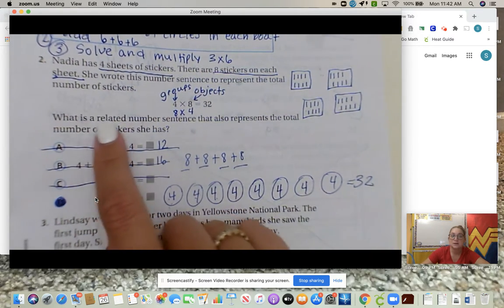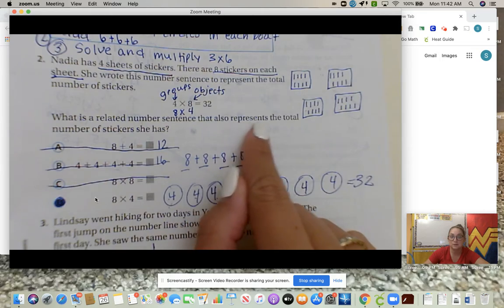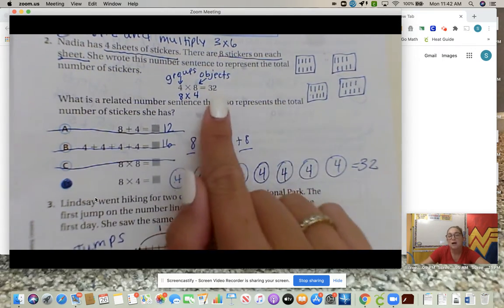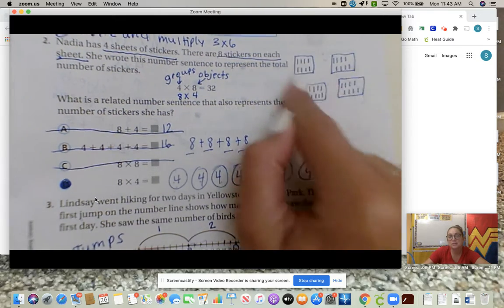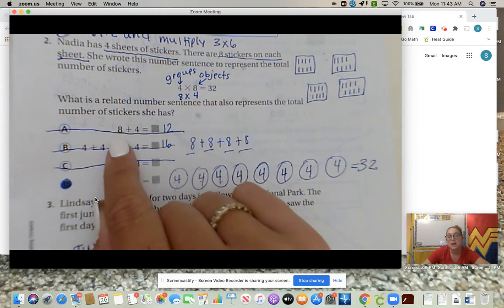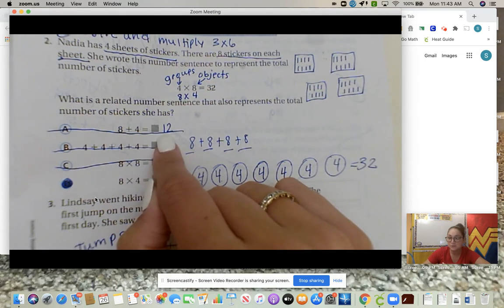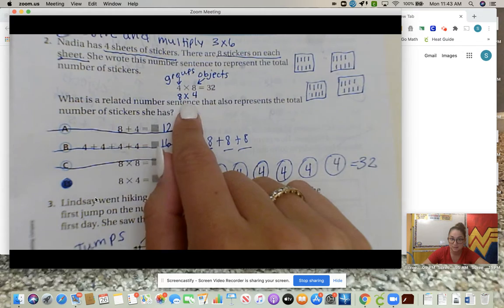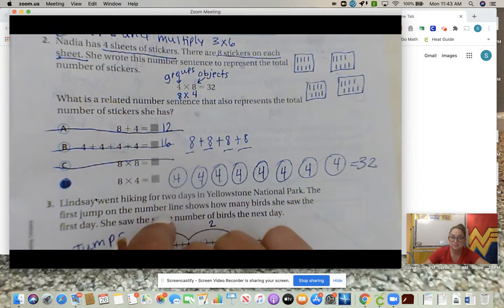So now it says, what is a related number sentence that also represents the total number of stickers she has? Well, we know that she has 32 total stickers. 8 plus 4 is 12. So clearly that cannot be a number sentence because we don't even get the same answer.